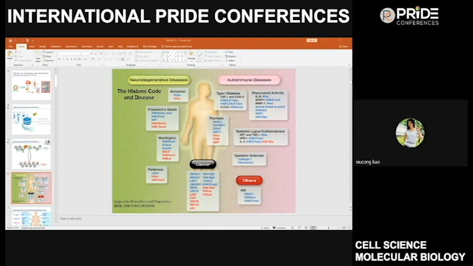To do this, we developed a chemical approach. It contains 3 essential parts. The first one is the modification mark at the specific residue. The second one is the photoactive group, and the third one is the alkyne functional group.